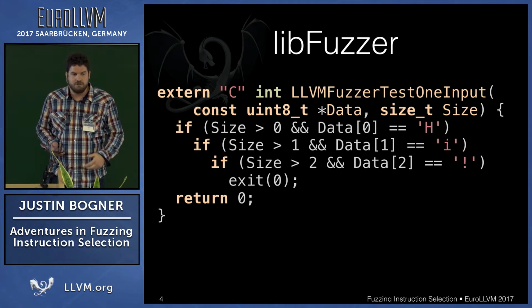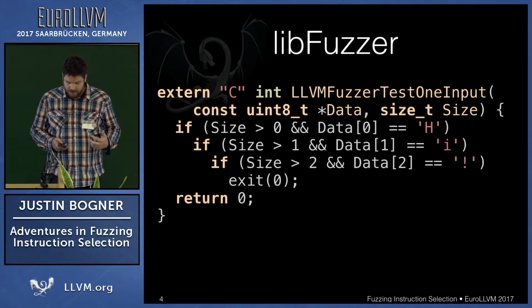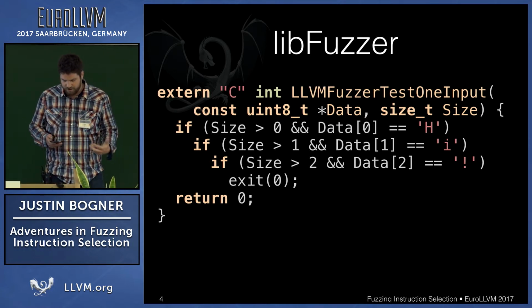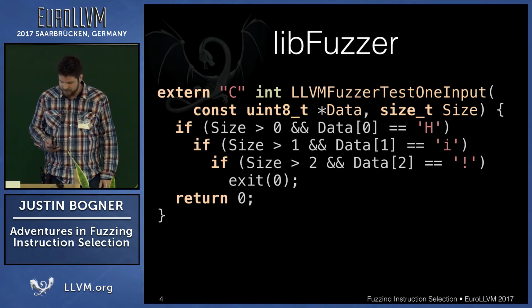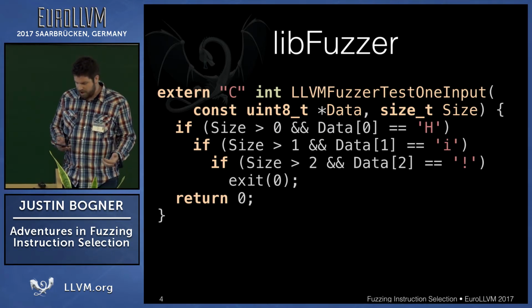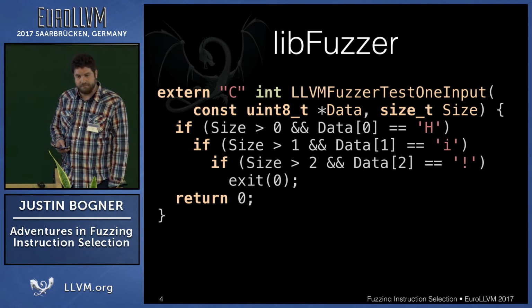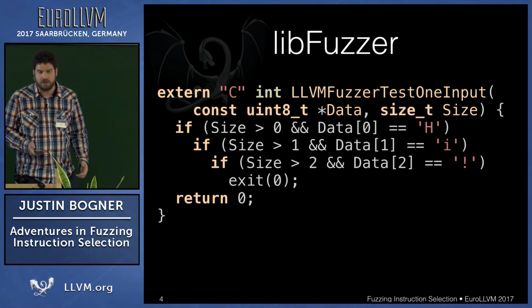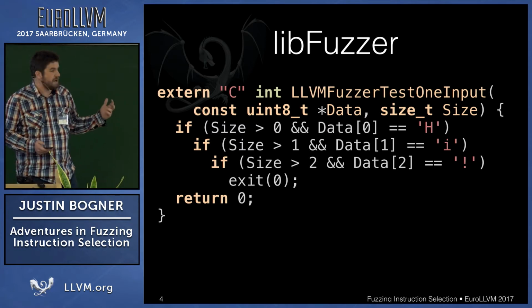Notably, libfuzzer uses coverage counters. It embeds coverage counters for the control flow edges in your program, so it's able to get feedback based on whether or not a change hits any new code. As you can see, there are a few branches in this function, so we'll show you how the coverage feedback directs fuzzing here.